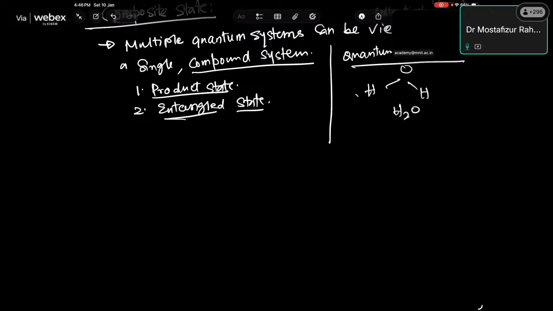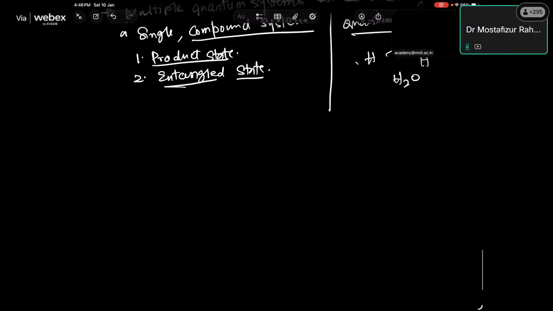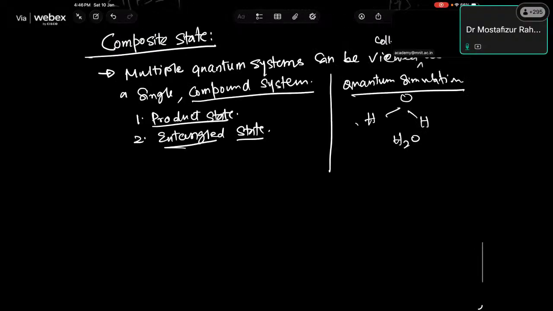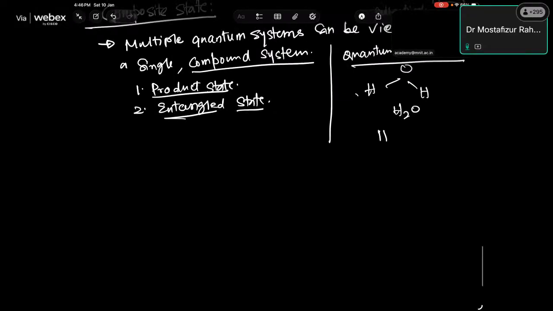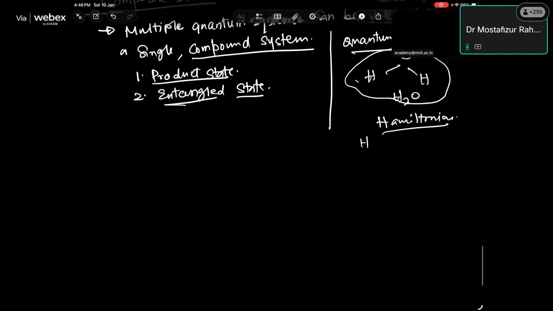So by considering the orbital configurations of oxygen and hydrogen, suppose you come up with a Hamiltonian that describes this composite system. Suppose this is the Hamiltonian H, right? Let's write it as H1, for example.